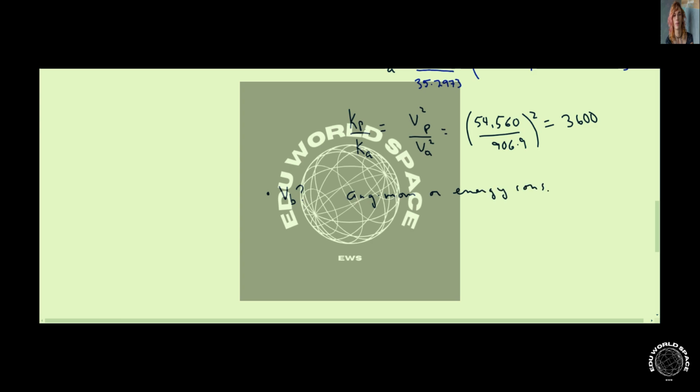I am going to use angular momentum conservation with RB times VB times sine of theta, sorry, cross products always involve the sine of theta.